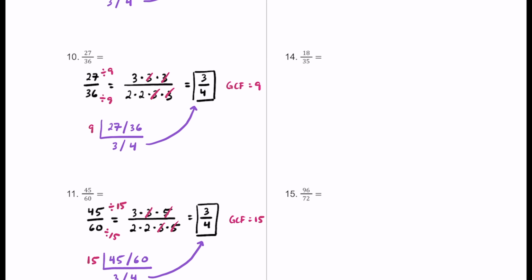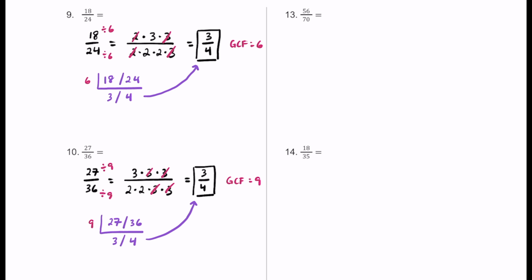For number 13, we have the fraction here, 56 over 70. So let's take 56 and think about what factors we can break it down by. 70 is maybe a little bit easier because it ends in 0. But for 56, I'm thinking 8 times 7, and 8 is just really familiar to me because I've done it so many times. 8 is 2, 2, 2, and then 7, right?